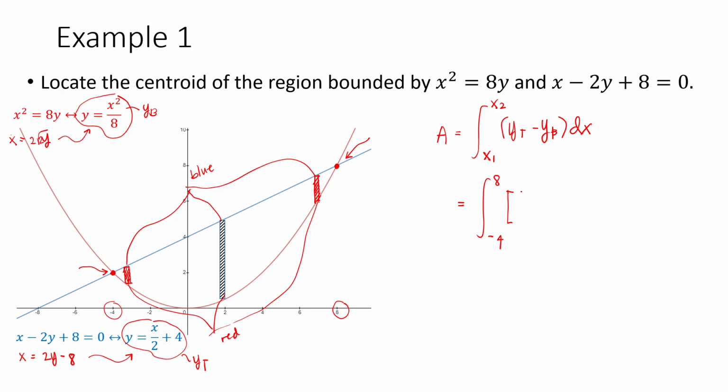So y top is (x over 2 plus 4) squared, and then minus (x squared over 8) squared, and then dx. So that's right, isn't it? The blue part is the top graph, the red graph is the bottom graph. So y top is (x over 2 plus 4) squared minus the bottom graph, the red one, x squared over 8, then squared too.